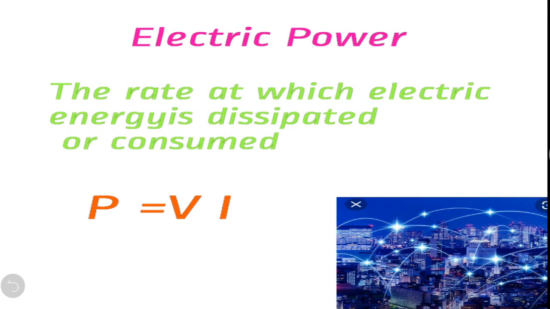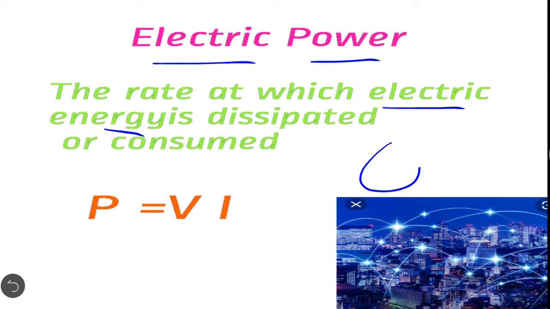Okay, we have reached the last part. It is electric power. What is electric power? The rate at which electric energy is dissipated, gone out or consumed, taken in, is called electric power.